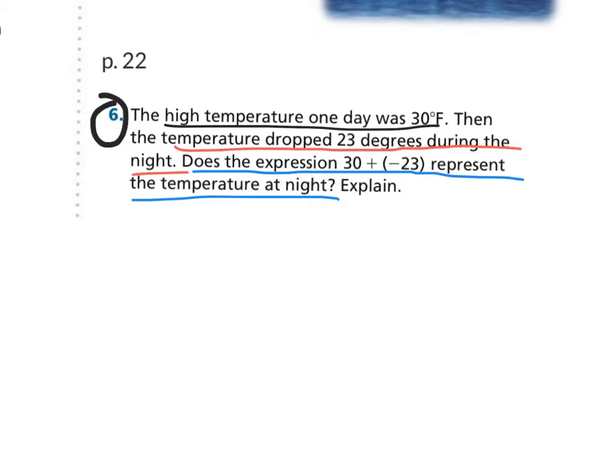And so if we're at 30 and it drops 23, if we add a -23, then yes, that would represent that temperature. 30 is representing the high temperature, -23 is representing the change. And they didn't ask for it, but we could work this out and figure out that it would be 7 degrees Fahrenheit.